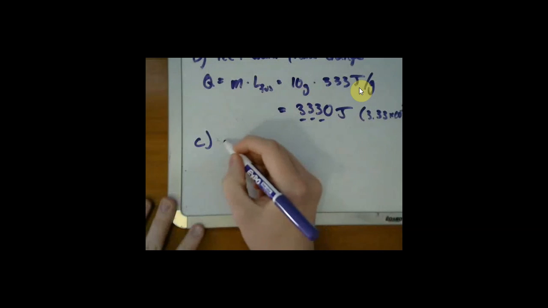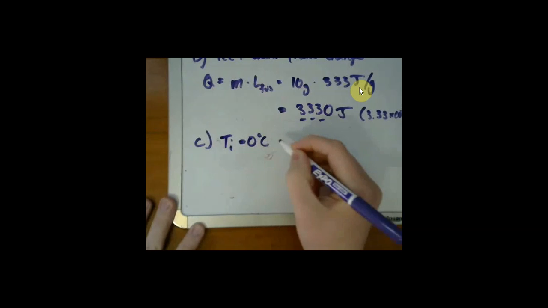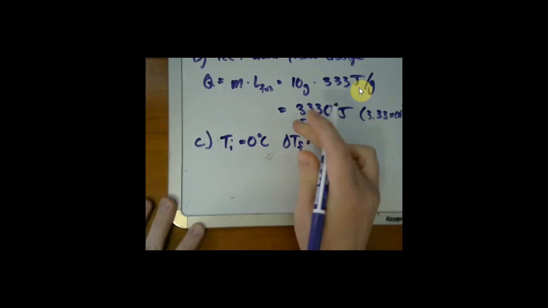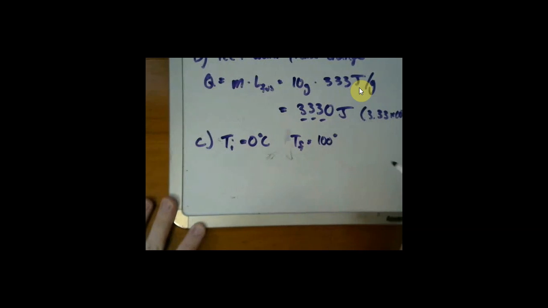Okay, how about for letter C? So C is going to be increasing the temperature, warming up that water. So we have a temperature initial equals 0 degrees C. Temperature final, we're getting, not delta T. Temperature final is going to equal 100 degrees C, because that's our boiling point.